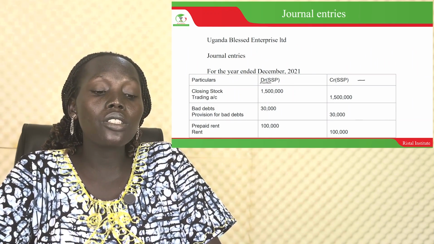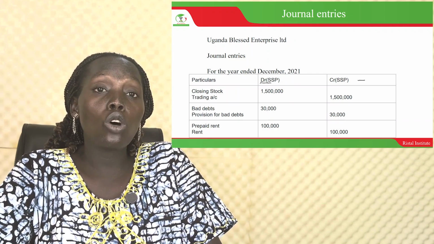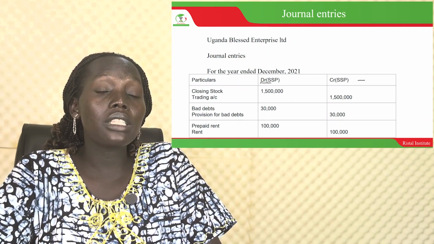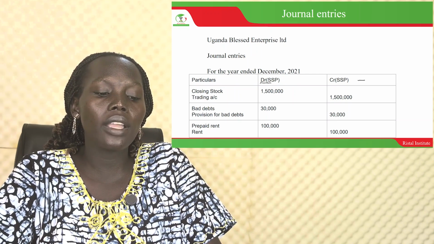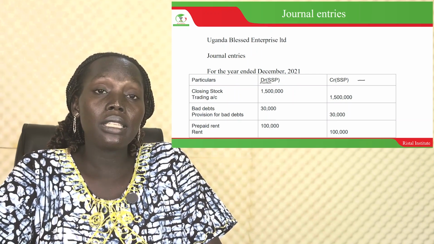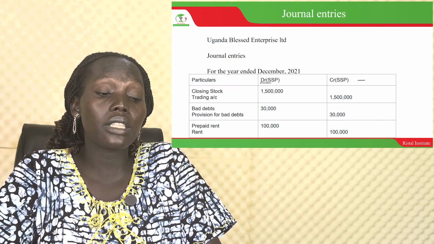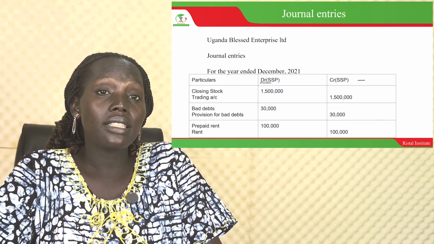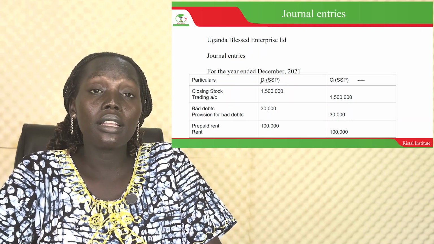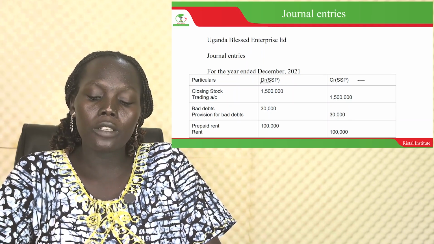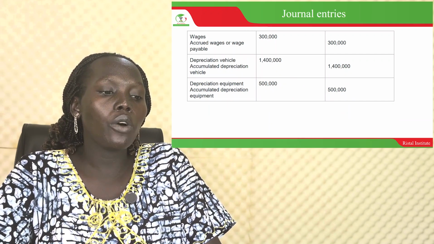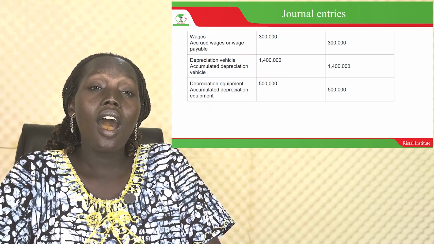So the prepaid rent was 100,000. The rent is losing out 100,000. That's why we debit prepaid rent, since it's receiving and it is an asset. And then we credit rent.